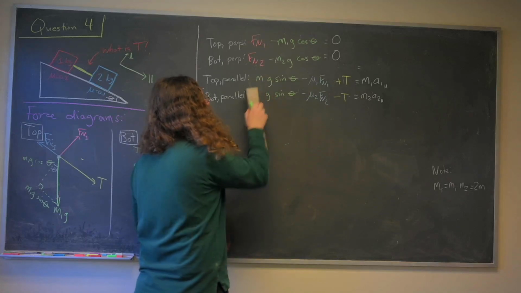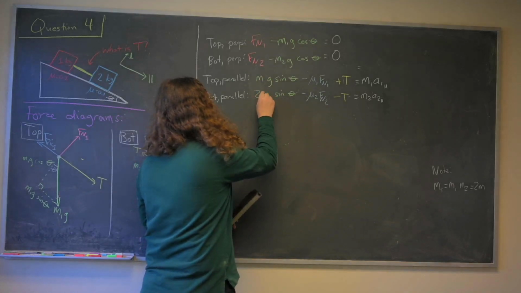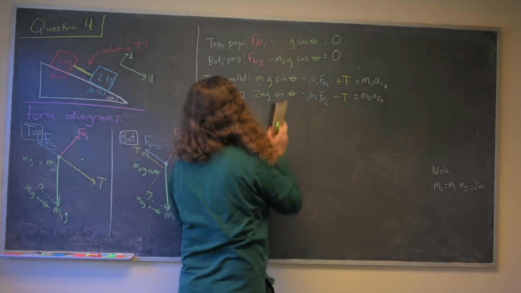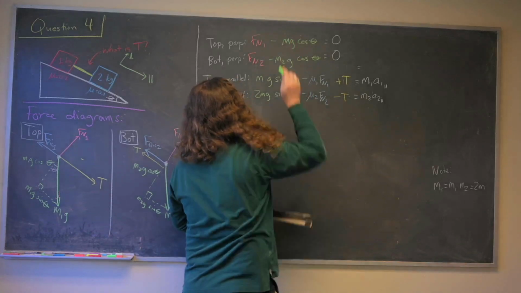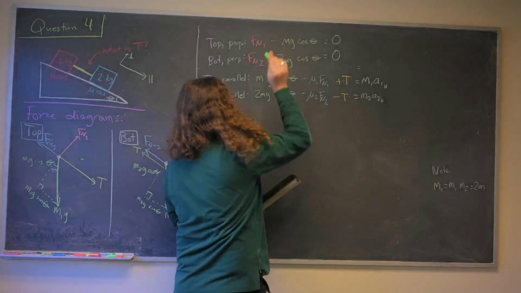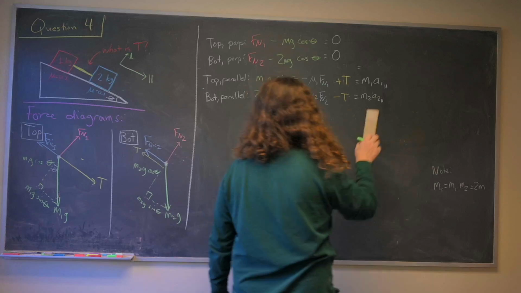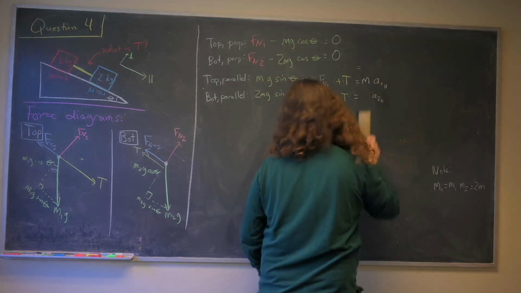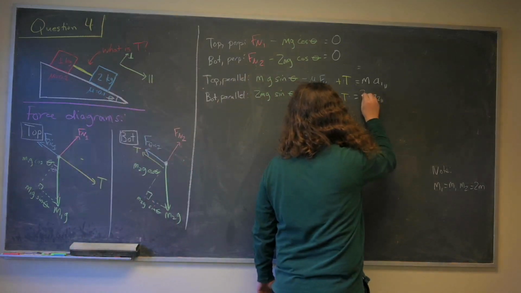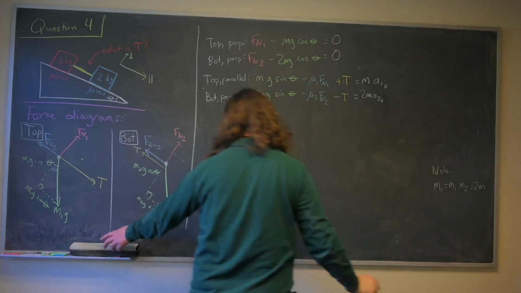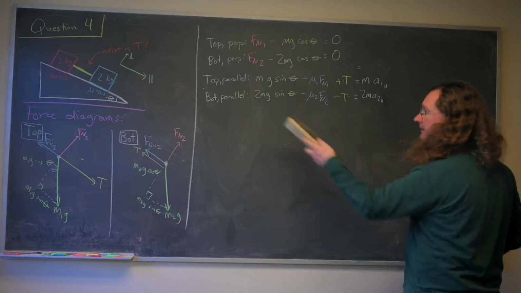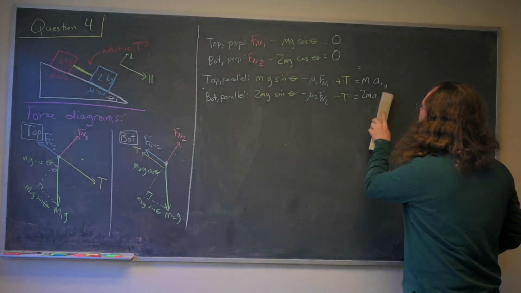That's just m, that's 2m. This is m, that's 2m. And likewise, we'll do the same thing over here. I also noticed that these parallel accelerations are the same. They're cabled together after all. So I'm just going to call that A.